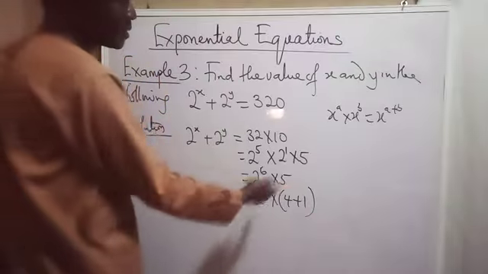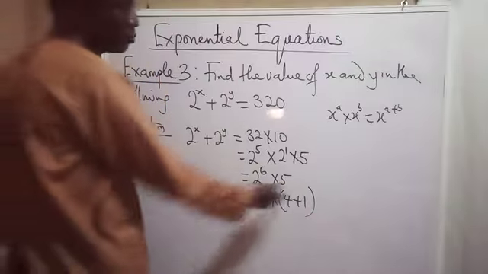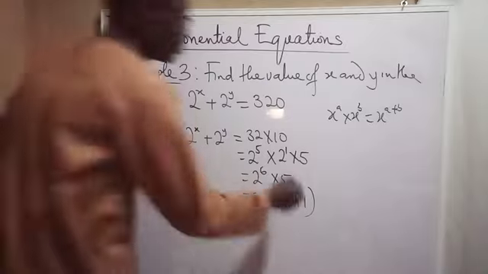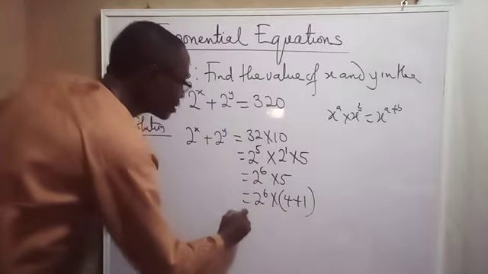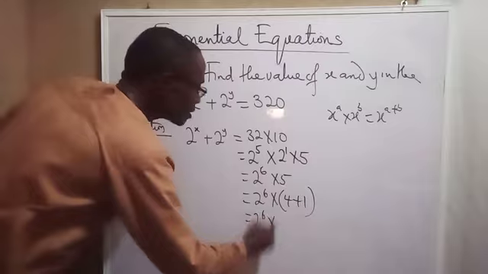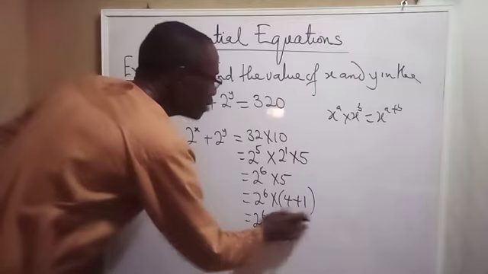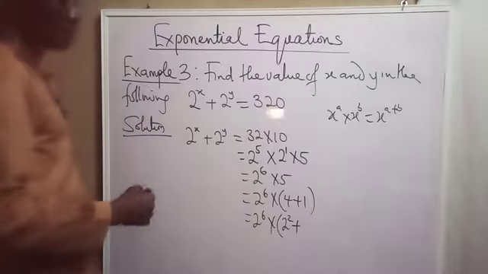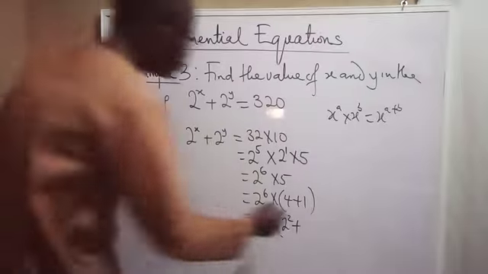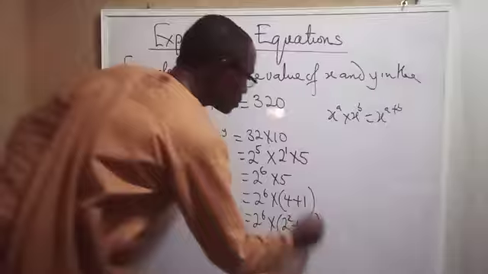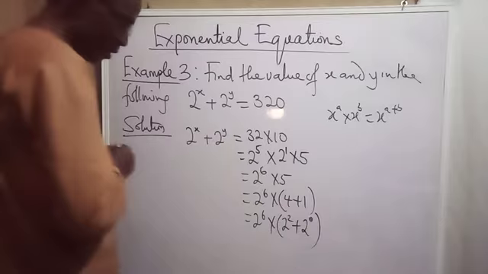We want to see whether we can still get a power of 2 from 5, so the multiple of 2 will come on. 2 raised power 6 times this 4, which is 2 raised power 2, then plus, how do we express 1 in form of a power of 2? So 1 can be 2 raised power 0. Okay? So we can have that.